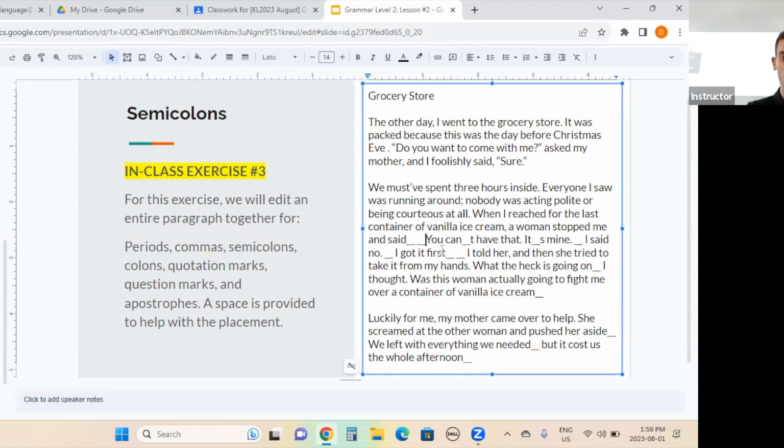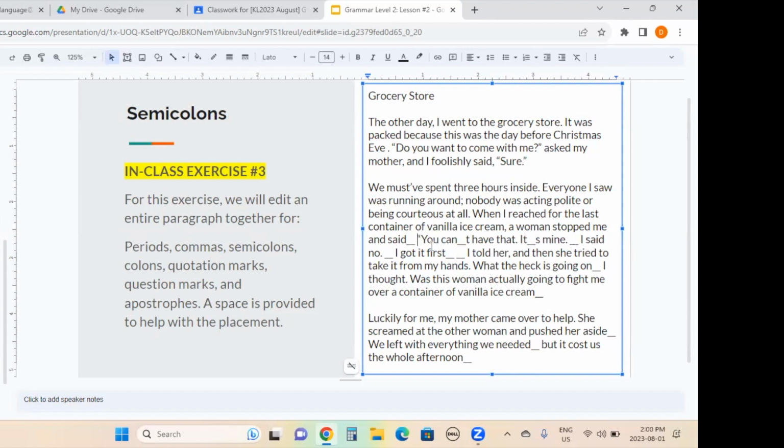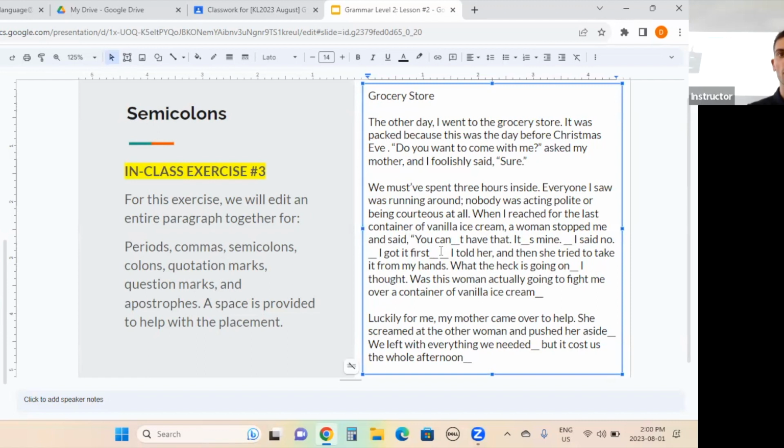Yep, quotation mark is one of them. We have a quotation mark here. Comma. We have a comma after said. Don't forget, guys, anytime someone is about to say something, we always have a comma after said, or after a line of dialogue, then there's the comma, and then said, my mother.